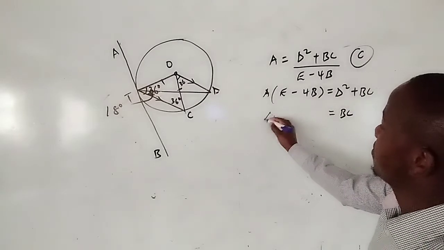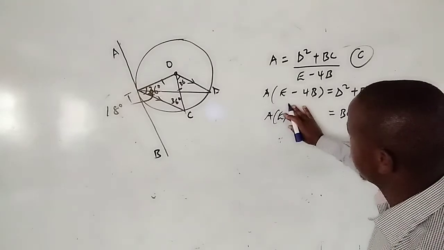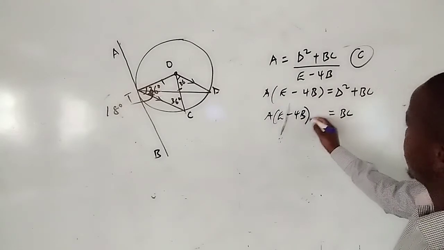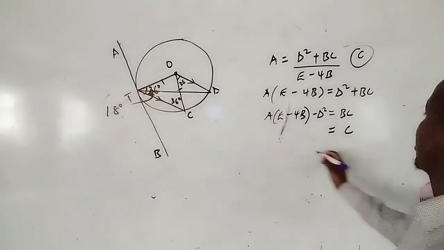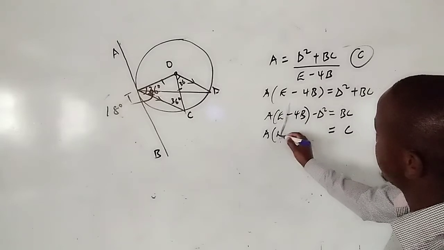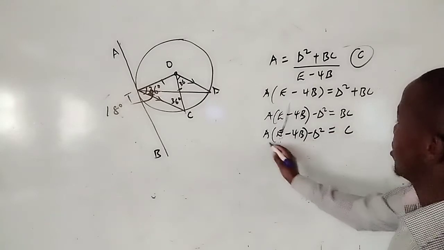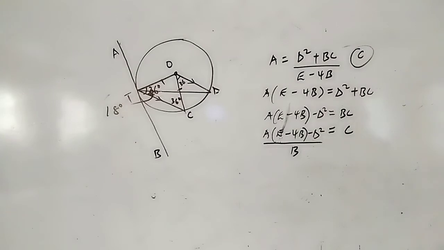Therefore, we shall have A times 4B minus D squared. Then to remain with C here, we shall have A into 4B minus D squared, all divided by B. So by such doing, we'll have remained with C on one side, hence making it the subject of the formula.